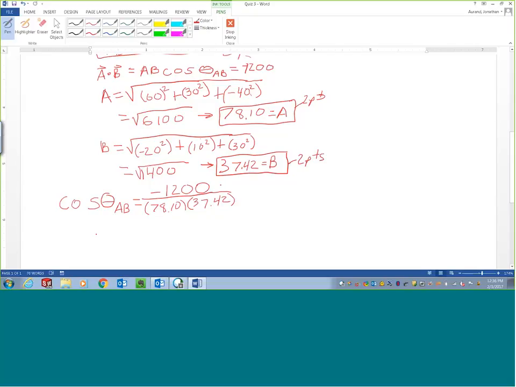Then we'll take the arc cosine of that. If we do our math here, that works out to be negative 0.7186. Oh, that's the cosine of theta AB.